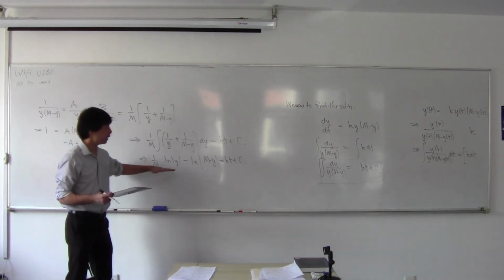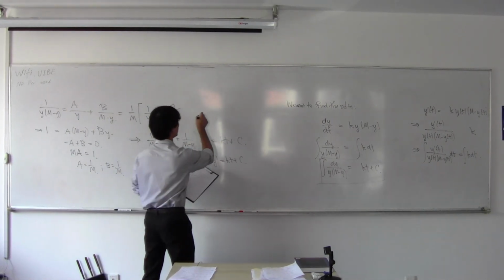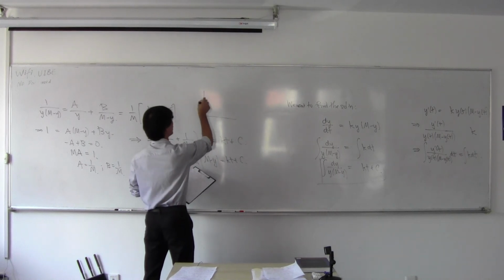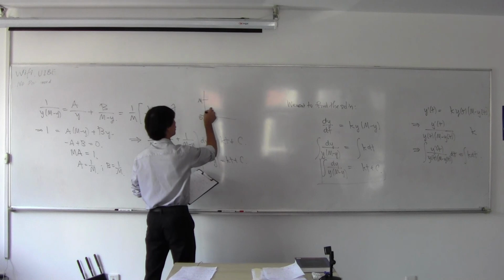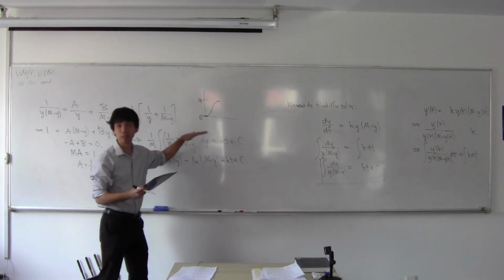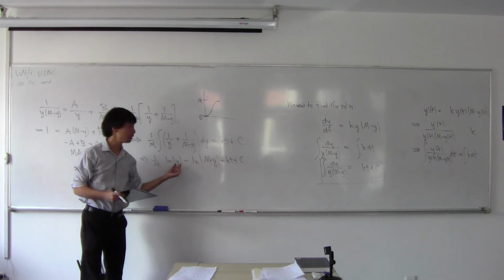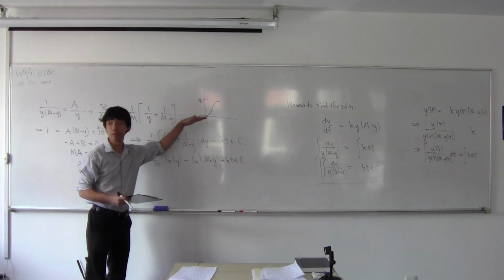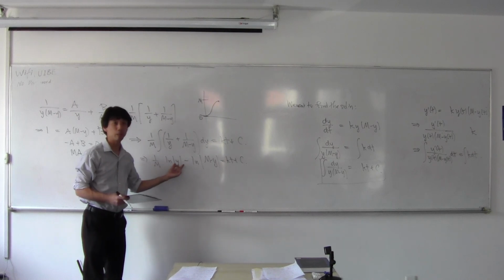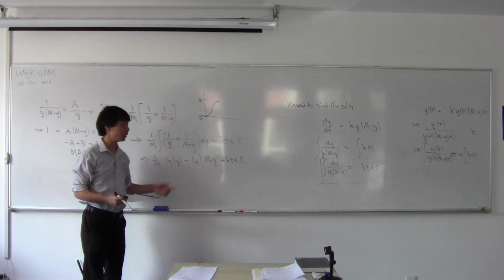Okay. Thinking about the behavior of y, we know that it stays between 0 and m. So these guys are positive, and we can get rid of the absolute values. M minus y is positive, and y itself is also positive.